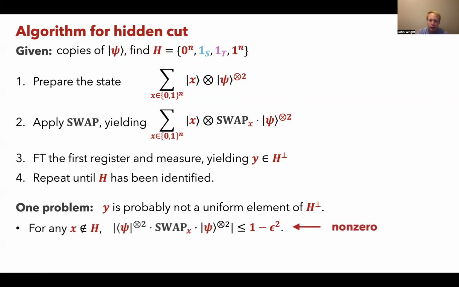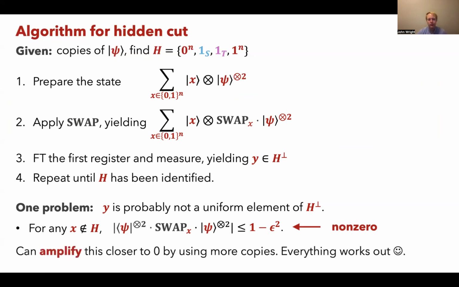Well, as we saw earlier, if x is not in the hidden subgroup h, then the overlap of psi tensor 2 with swap times psi tensor 2 is at most 1 minus epsilon squared. And this is a non-zero number. It's actually very close to 1. So although swap is going to change psi tensor 2, it may not change it by a lot. And so this is the annoyance, that y is not necessarily uniform.